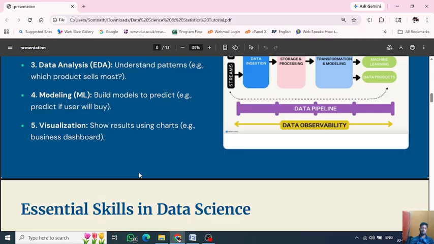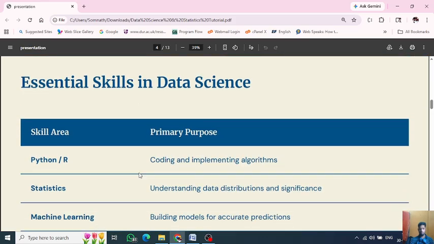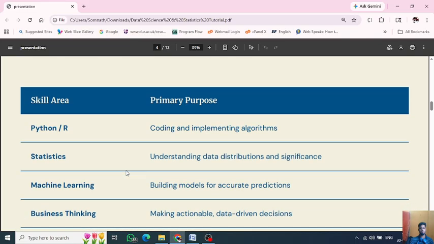Now moving towards the essential skills, what you actually need to learn for data science, which is what I am aiming to teach you. First, Python coding or R coding.